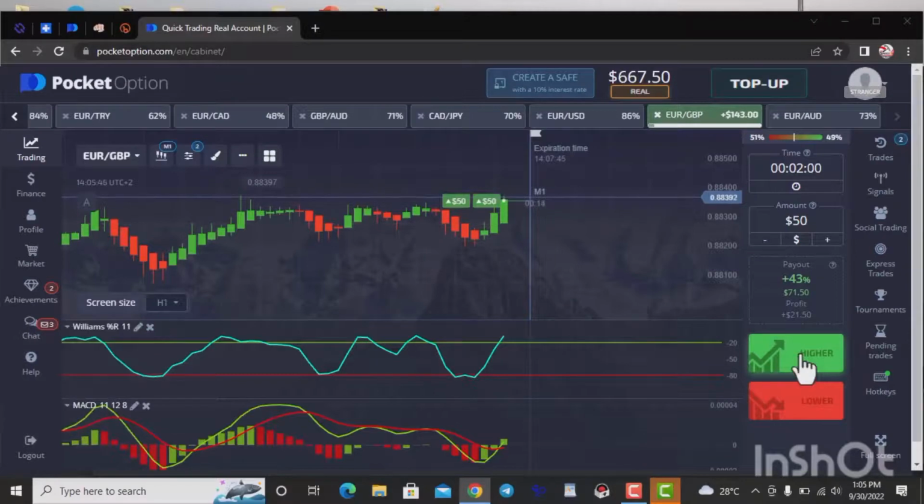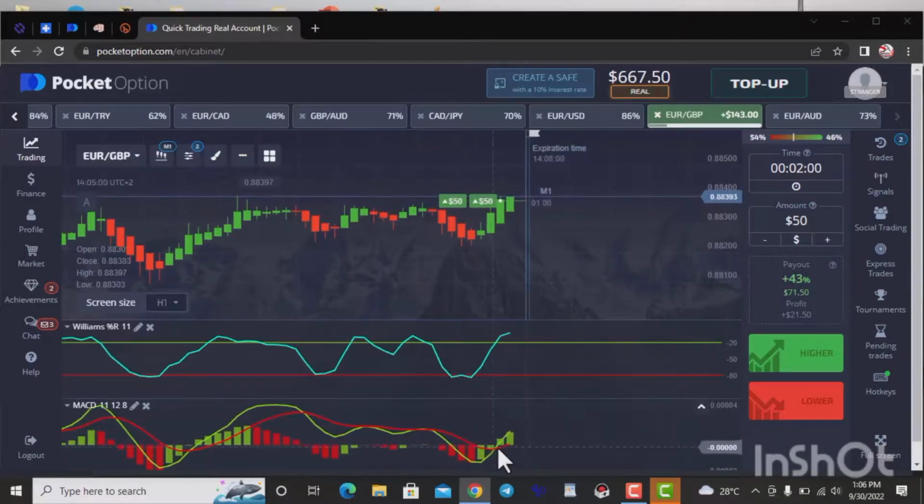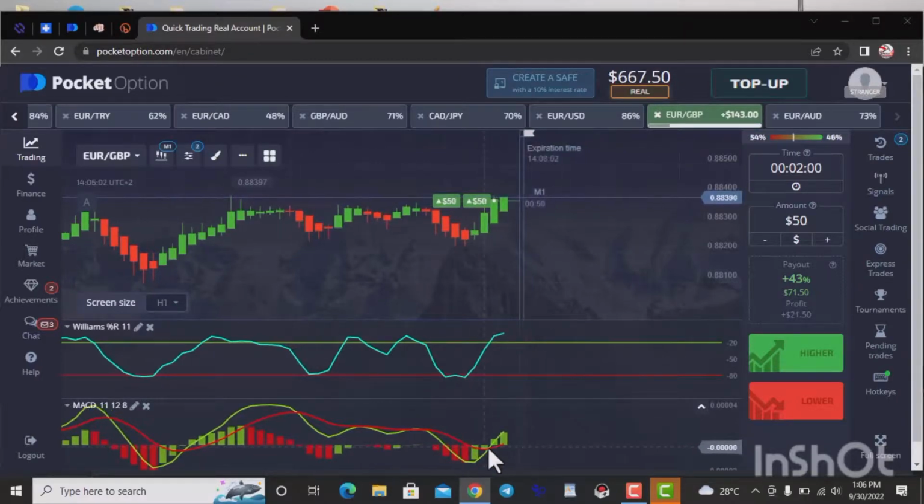Once we enter this trade, it is running. You see the spike here, a sharp trend going up, and the intersection is just two candles after the movement. So you see the market is going up from here.